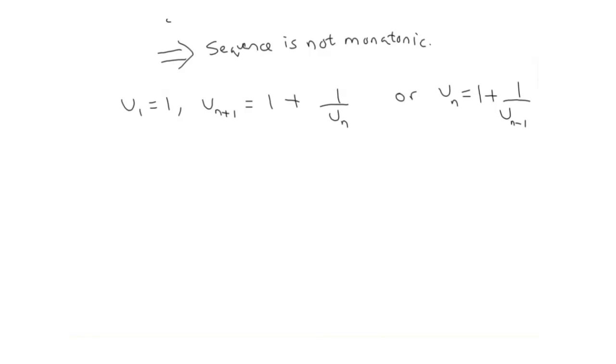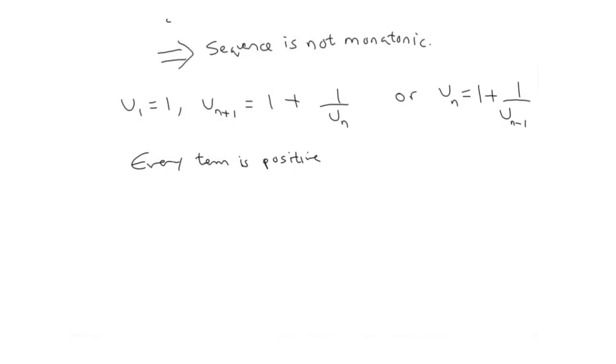So looking at this, basically the first term is positive. 1 is obviously positive. So basically every term will always be positive. There's just absolutely nothing to make it negative.